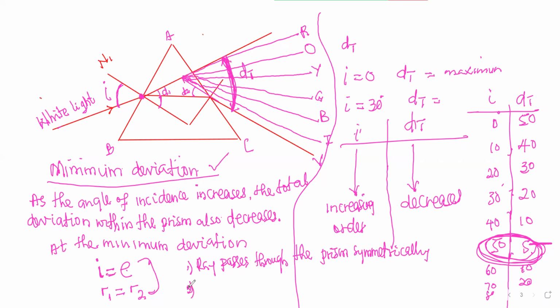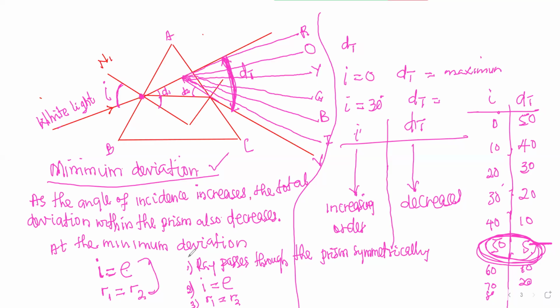Two, the angle of incidence is equal to the angle of emergence. And then finally, the first angle of refraction is equal to the second angle of refraction. So these are what happens at the minimum deviation.